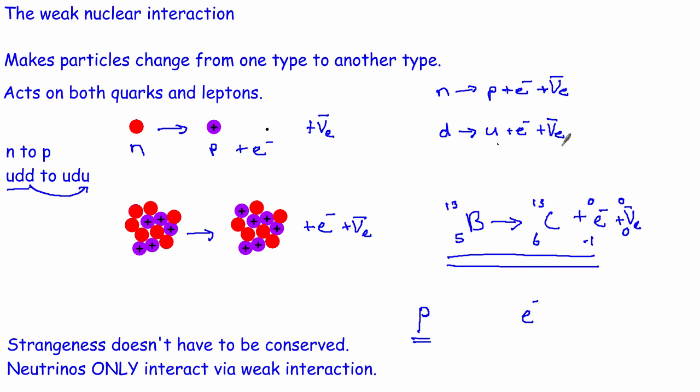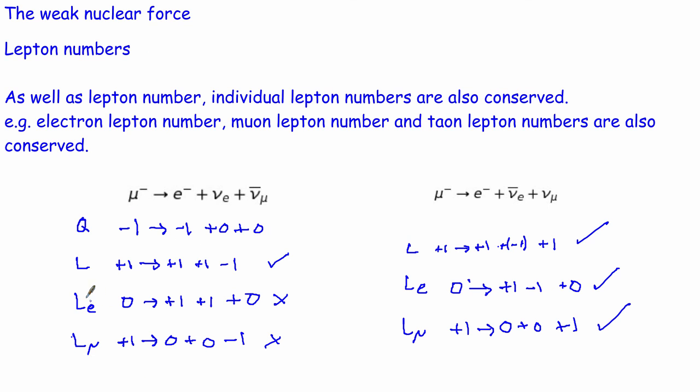You need to be able to write all of these equations down, draw all of the Feynman diagrams that I've been through, and know that the proton is the only stable baryon and the electron is the only stable lepton that's got mass. And finally, you need to be able to check that interactions happen in terms of the electron and the muon lepton number, as well as the lepton number as a whole.